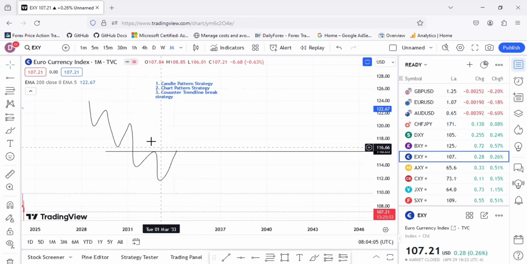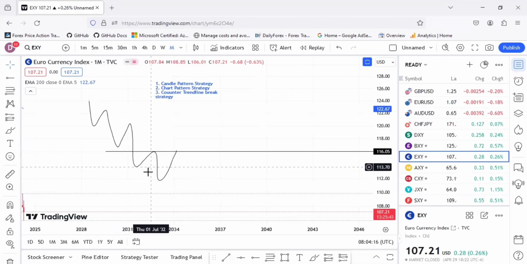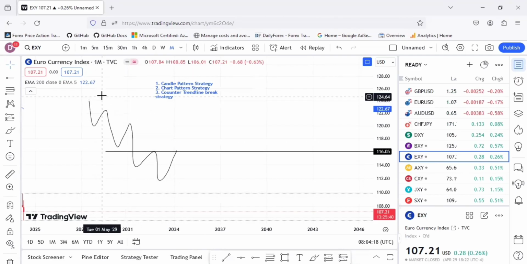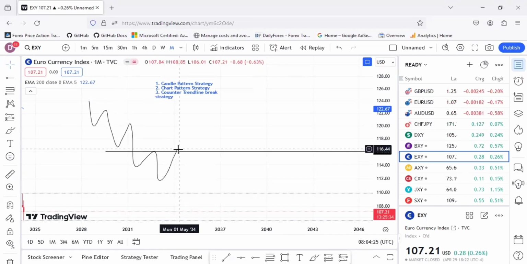So now at this level, when you get to your point of entry, or your point of interest, after the market has been making a swing low, swing high, swing low, and so on and so forth, then you have your location where you want to enter the market. Then you will wait.